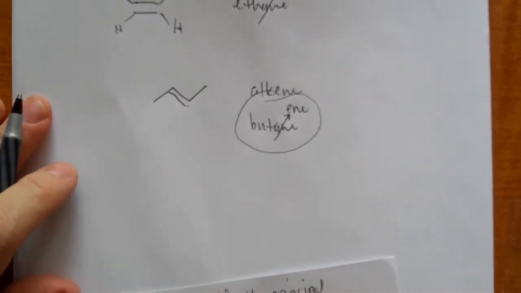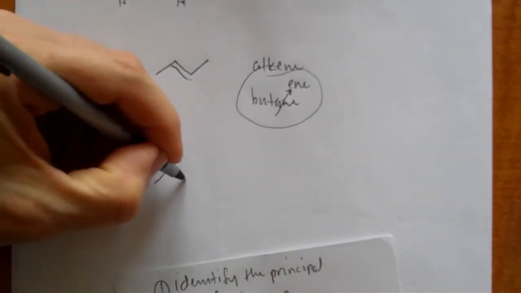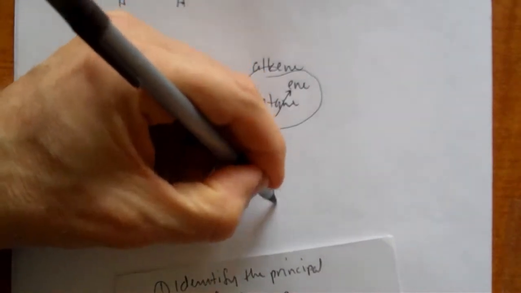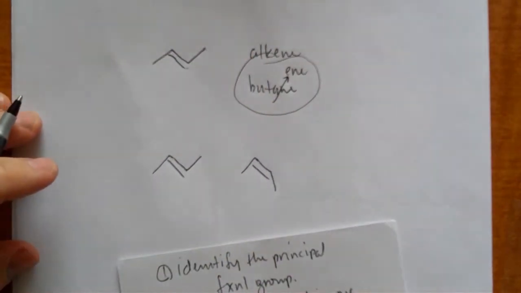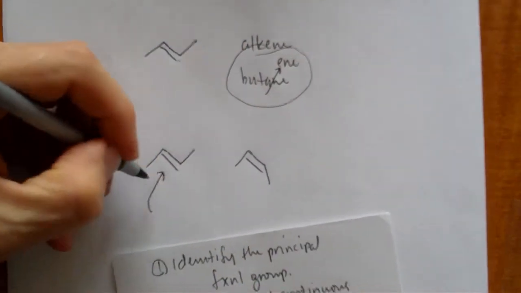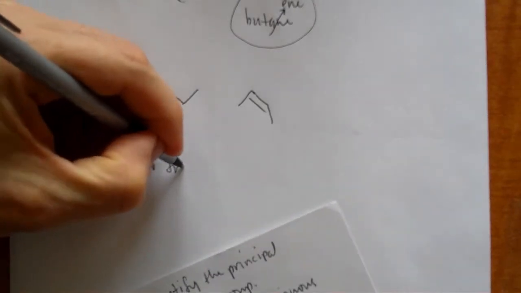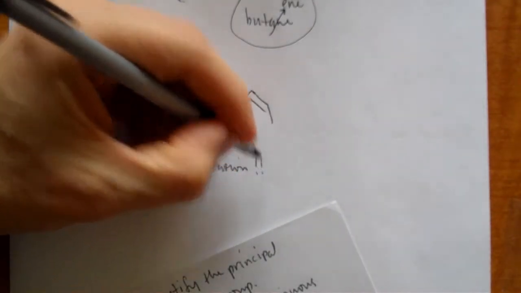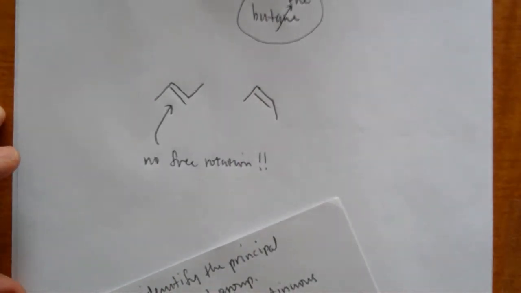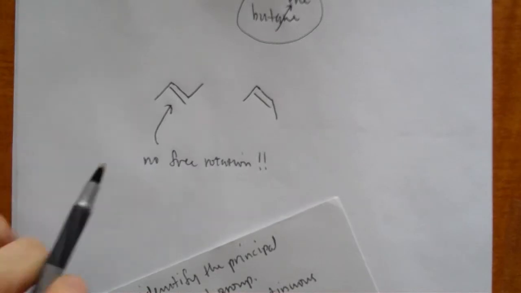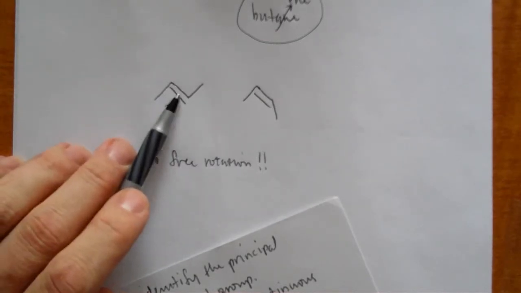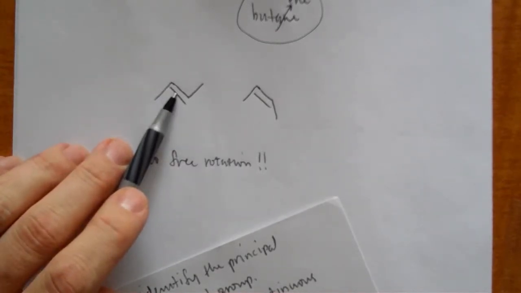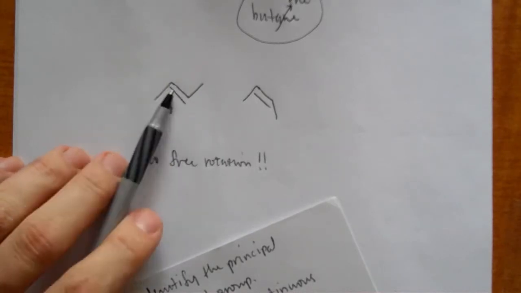All right, but here's the problem with this. The problem is that this and this are not the same structure. Why? Because there is no free rotation about that double bond. Remember, structurally stuck? Okay, no free rotation. There's a pi system here. There's a pi orbital above the plane, a pi orbital below the plane, and it cannot rotate.